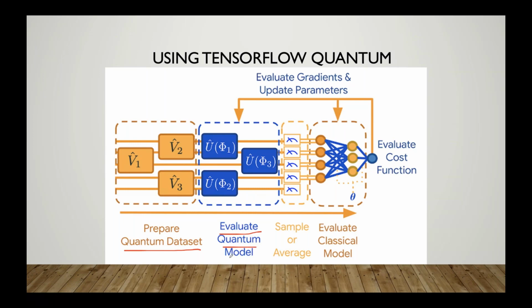Once the evaluation is done, you get the output from the quantum computer. Now once the output is received, you are back to your classical computer. The blue part is the actual quantum computer as such.